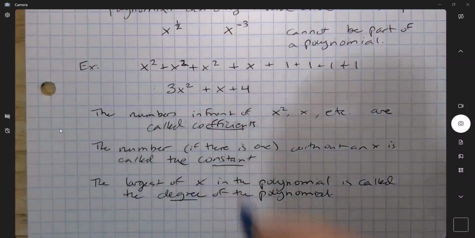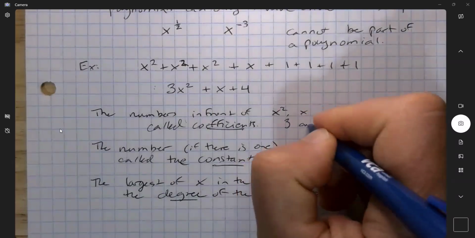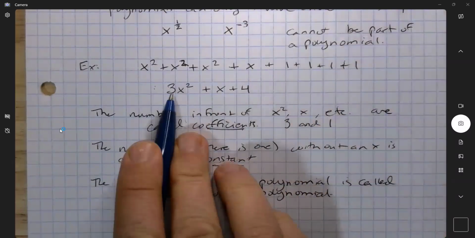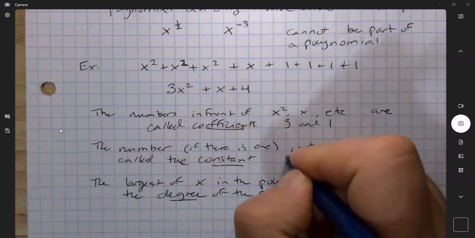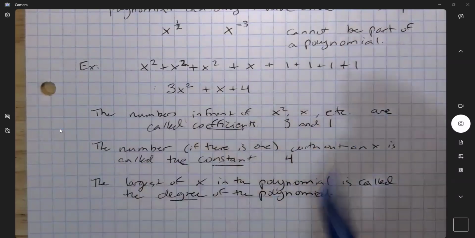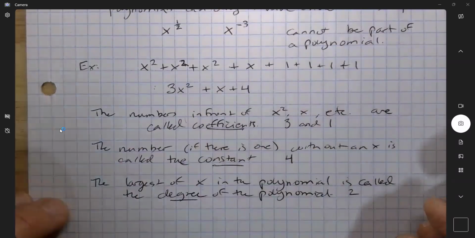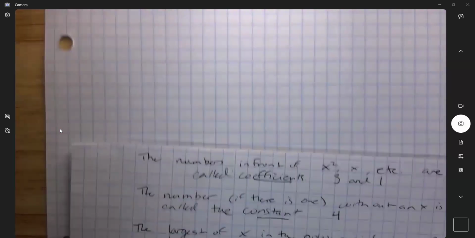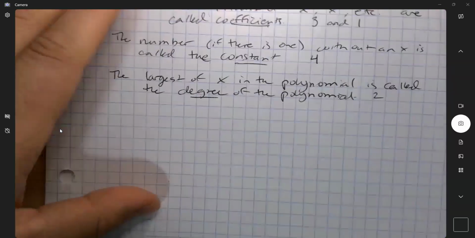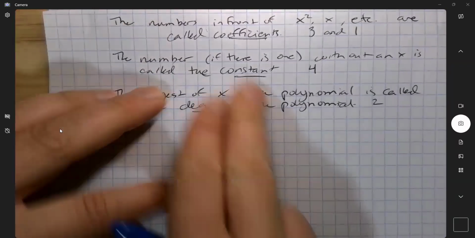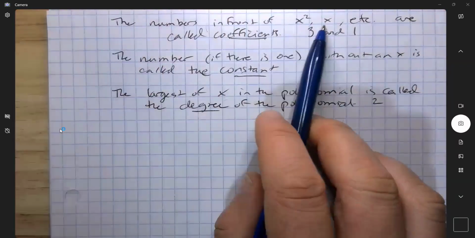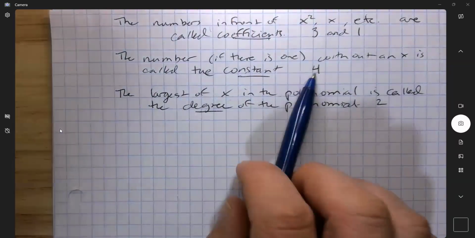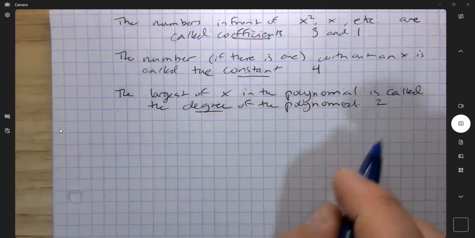So in this example, our coefficients are 3 and 1, 3x squared and 1x. Our constant is 4, and the degree is 2. So let me just do another example. Okay. With the numbers in front of the powers of x, the number, if there is one, with the constant, and the largest degree of x.